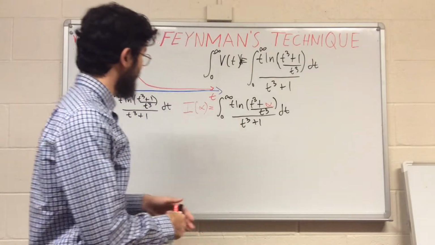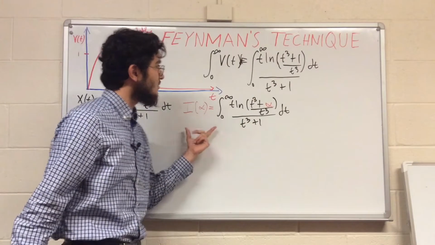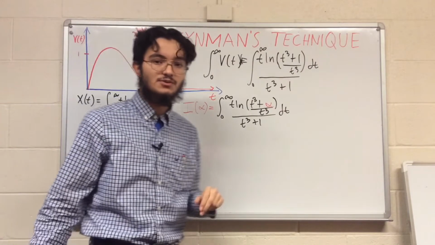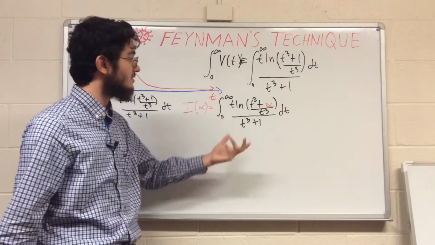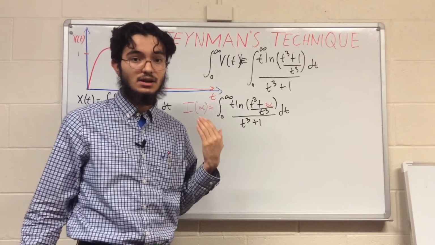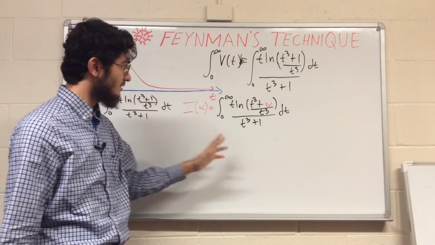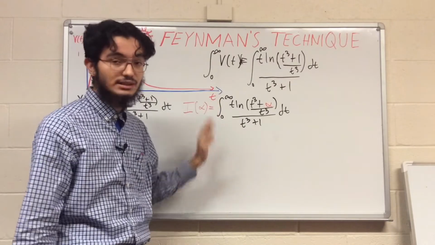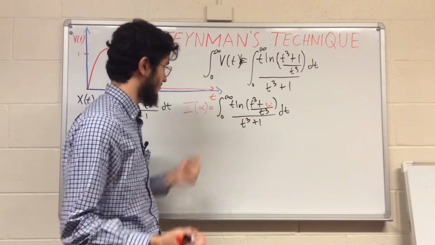What's going to happen next is that if you pay attention, the previous function that we had is in terms of t, but now this function is in terms of alpha, which means that t in this case would be considered a constant. So it's a two-variable function, per se, and we have an integrally defined constant.